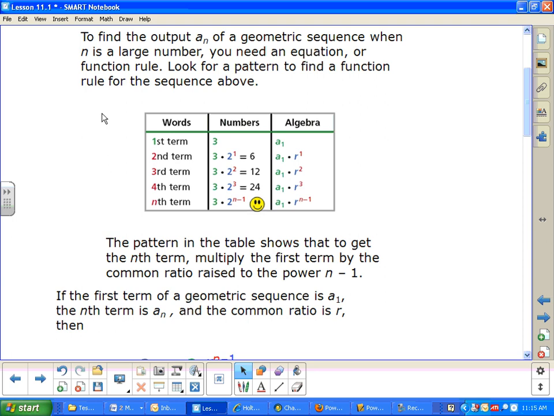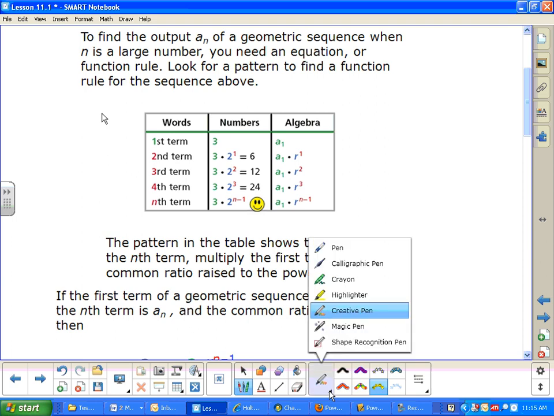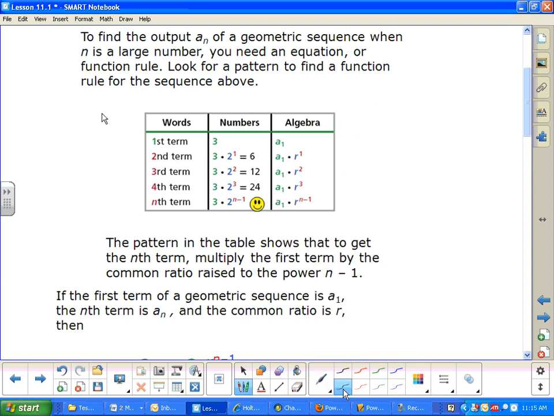So the 8th term would be 3 times 2 raised to the power of 8 minus 1, or 3 times 2 to the 7th power. Now you can use a times symbol like the little dot. You can use a star for multiplication. Most of the time I'll end up using parentheses. I just prefer the parentheses. But you might have your own preference, and that's okay.